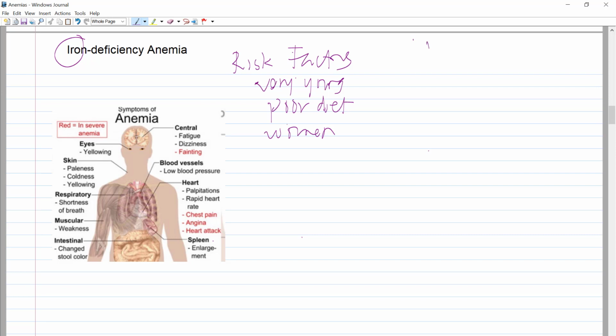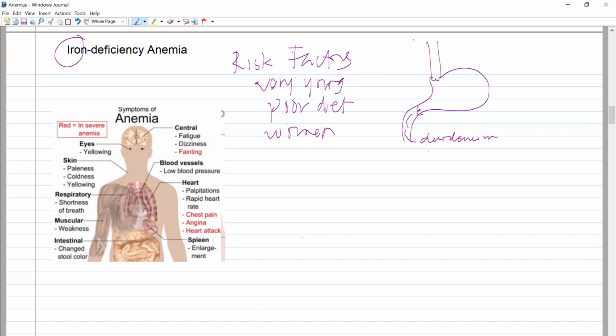So if you remember, let's say this is the stomach right here. Okay, this is the pyloric sphincter. This is the cardiac sphincter, or the lower esophageal sphincter. And this is the pylorus. And then this area right here is the duodenum.